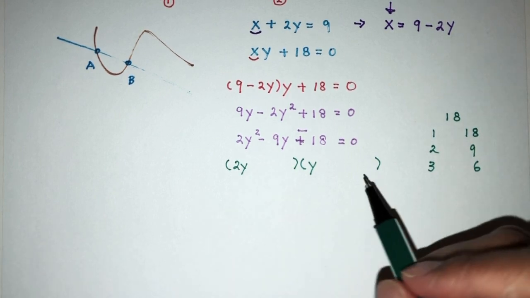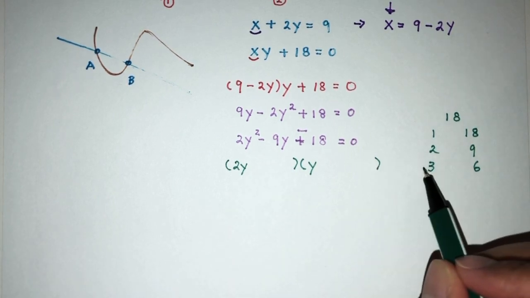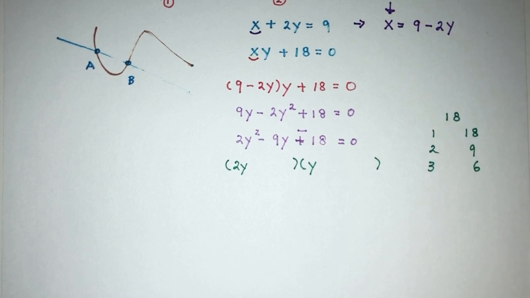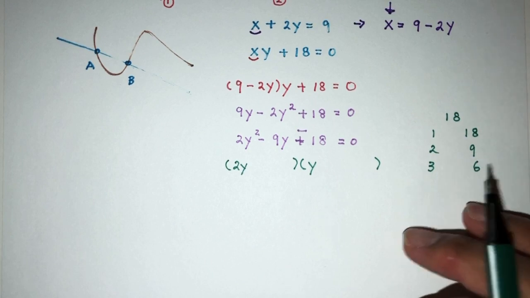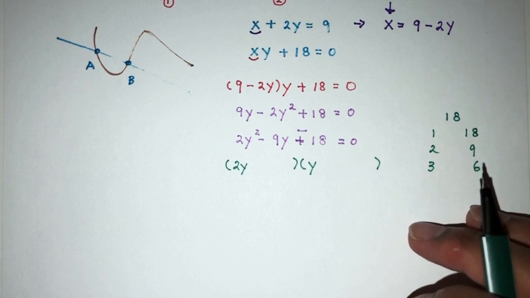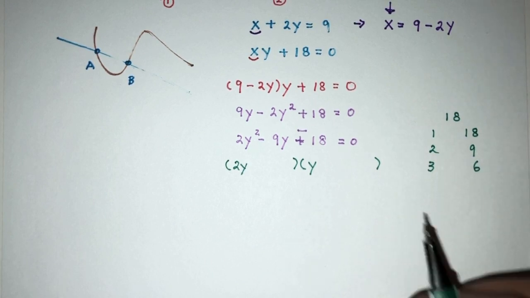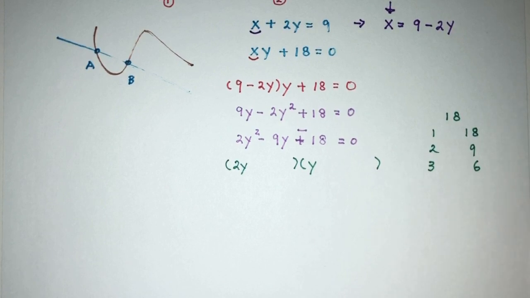So I can try to put 6 here, for example. It is only done by trial and error. So you have to test. If you don't know what to do, you can always use the formula again to solve this. It will be way, not easier, but way simpler than to think by trial. It's up to you.